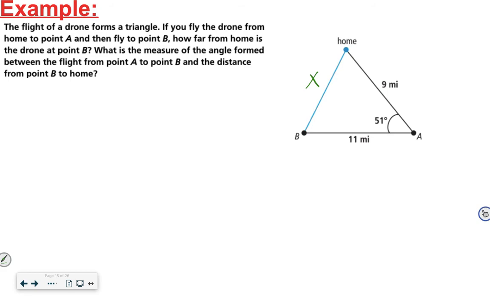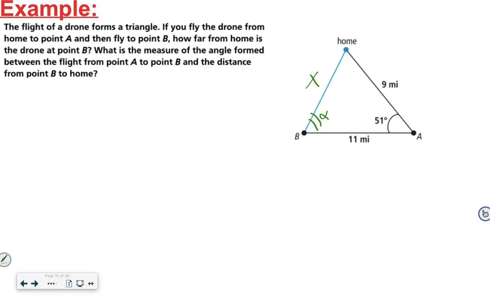And next question is, what is the measure of the angle formed between the flight from point A to point B? This is the next question, alpha. And then the last question is the distance from point B to home. Alright, let's do it.